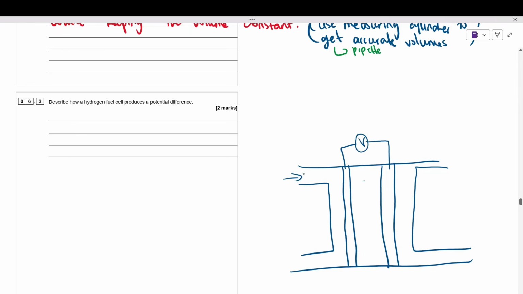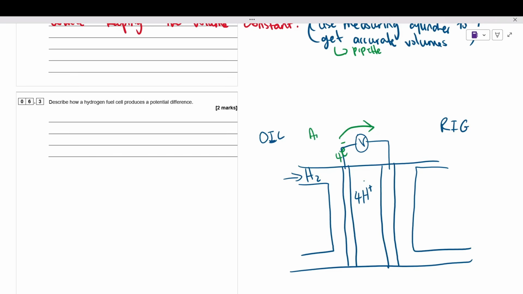Okay, so we have hydrogen being pumped in at this end, right? And it is usually oxidized. So we know that hydrogen is going to be oxidized. And if you remember, oil rig, right? So oxidized hydrogen is going to be losing those electrons to form H+. So that's 4H+. And those 4 electrons, they are going to be moving around to your cathode.